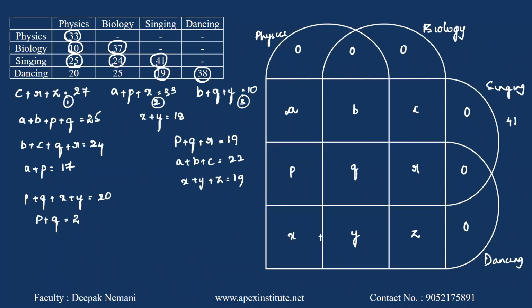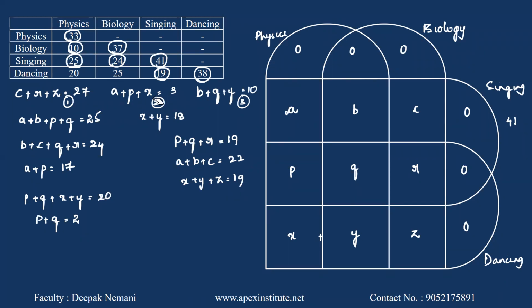One minute. So how did we get X plus Y? A plus P plus 33 plus 10, 43. And A plus P plus X. This is not 33, my bad.